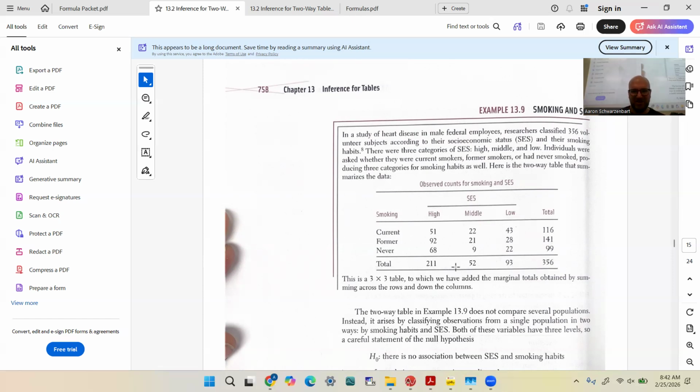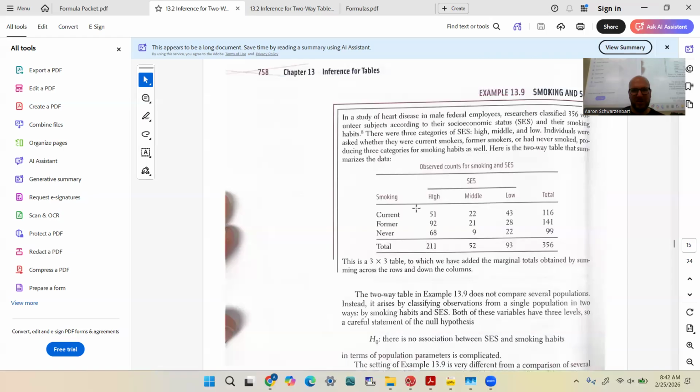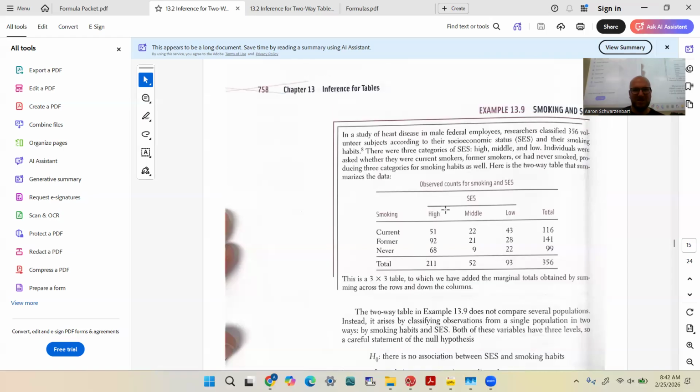And we've got a total in each of these. They had a lot of high class apparently. And their smoking habits: current versus former versus never smoked. Former would be somebody that successfully quit. And we want to know, is there any association between socioeconomic class and smoking?